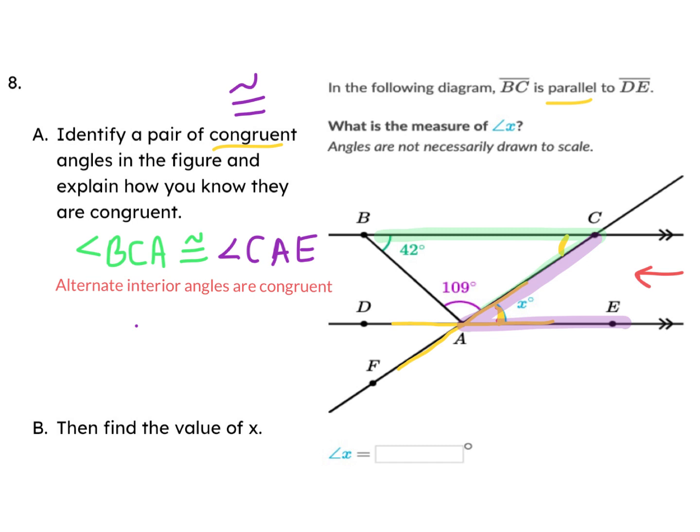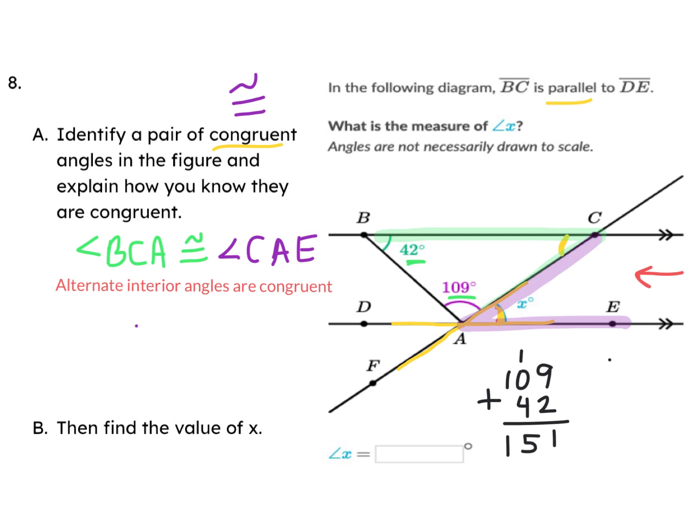Now, step 2 is to find the value of X. So, do you see the triangle that is inside there? We have 42, 109, and this unknown measure. So we're going to have to do that math. 109 plus 42, we're going to add that up and subtract from 180 to get that missing angle measure.